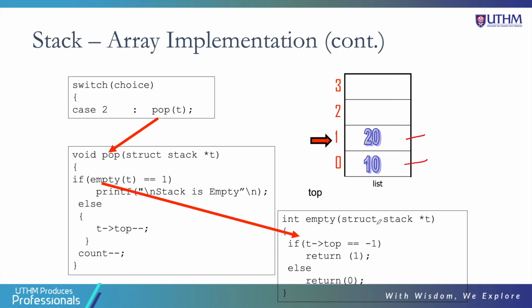No. Okay, t top is pointing to 1, not -1. If it's -1, meaning that it is an empty stack. But now it is pointing to 1. So here it will return the else part, which is 0.